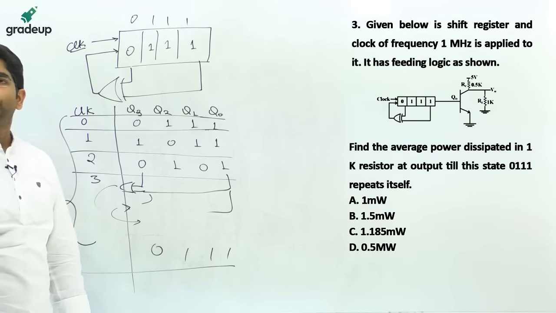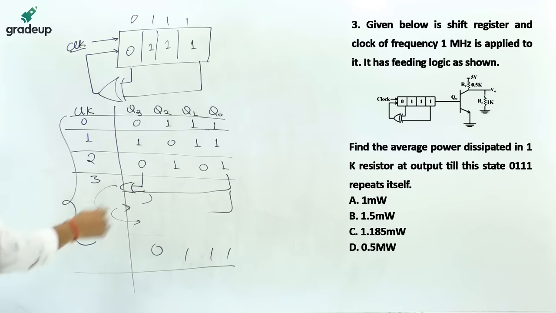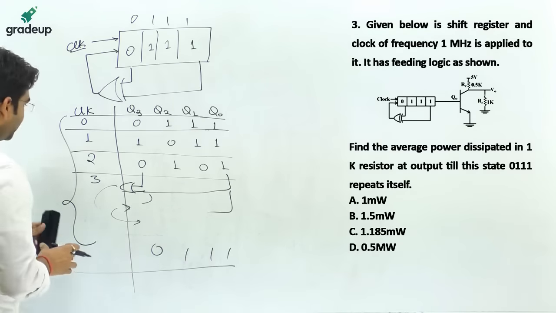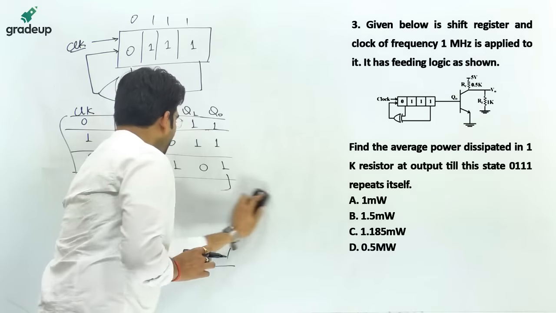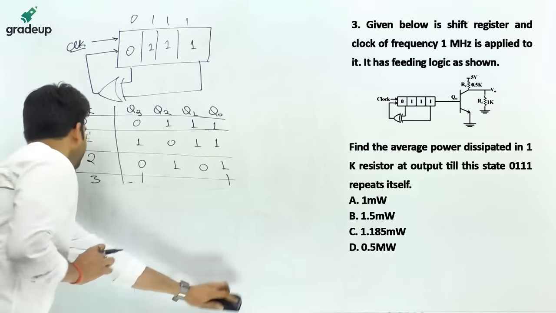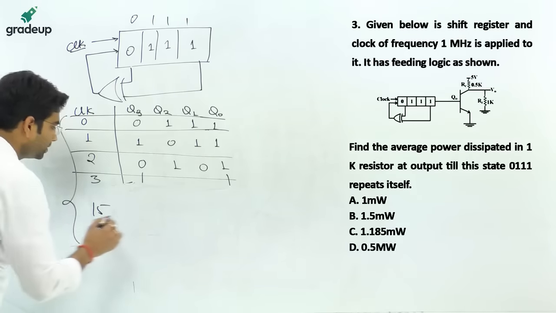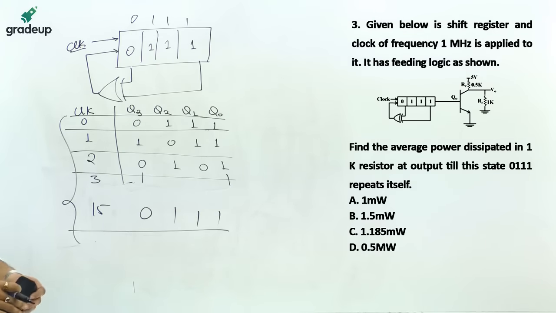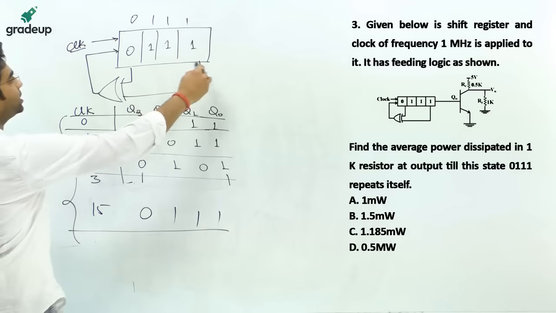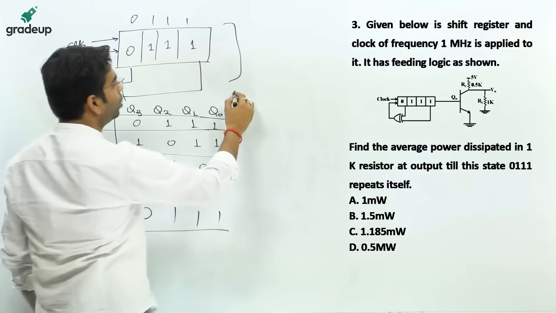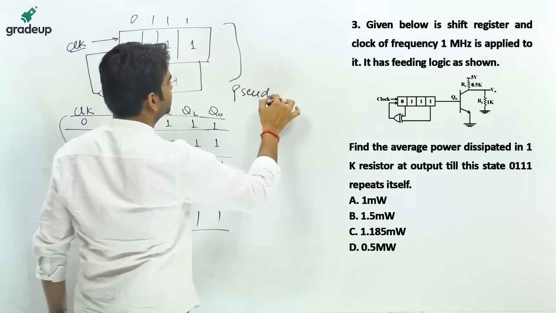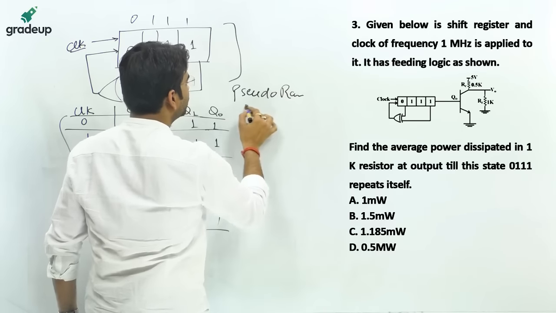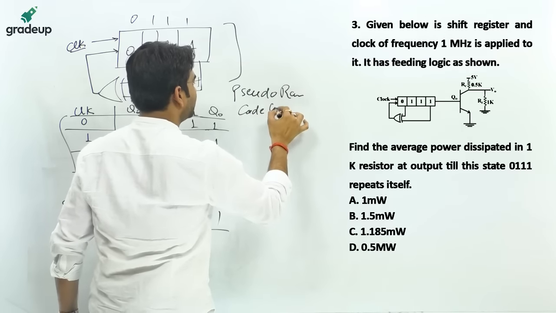So what I calculated is that in about 15 clock cycles, I will get the answer as 0, 1, 1, 1. This type of circuit is also called a pseudo random code generator.